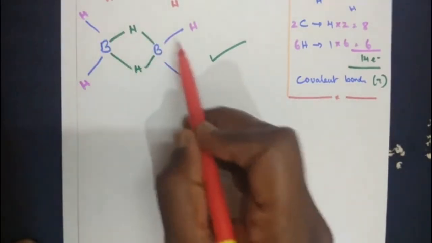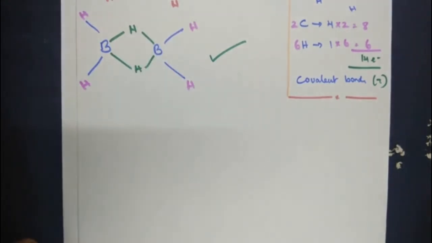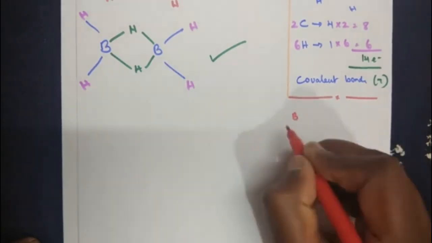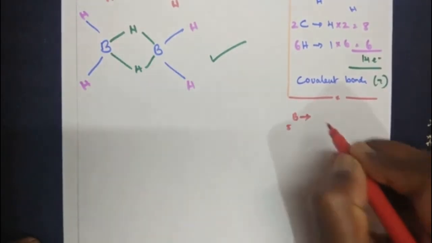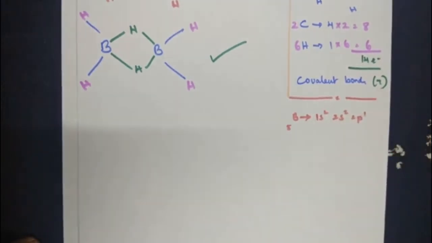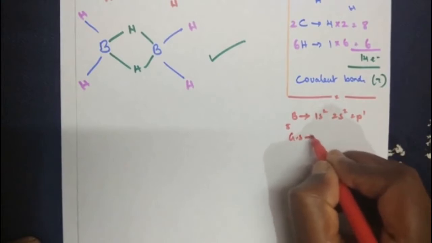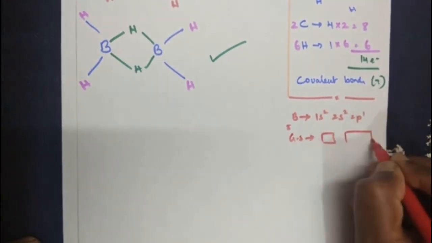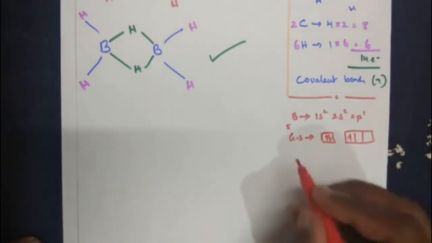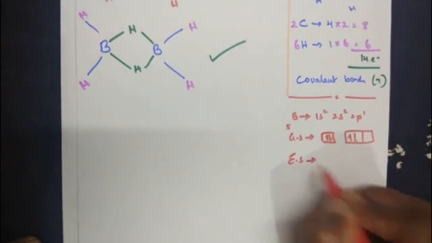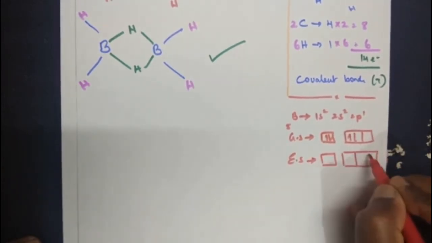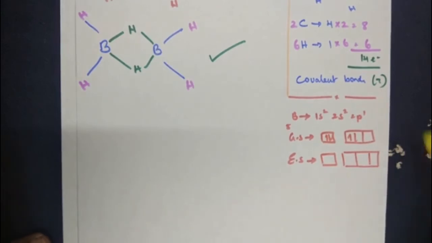Let's understand its formation based on the hybridization of boron. Now as we know, the atomic number of boron is 5. So the electronic configuration is 1s2, 2s2, 2p1. In the ground state the configuration is 2s2, 2p1. In the excited state, 1 electron from the s orbital gets excited to the empty p orbital.